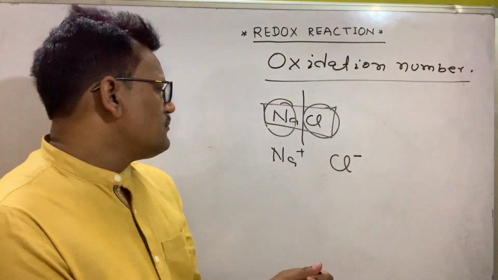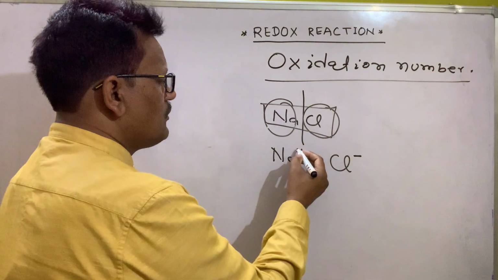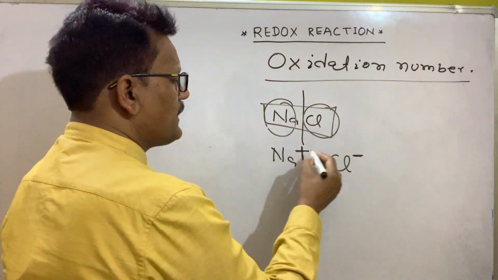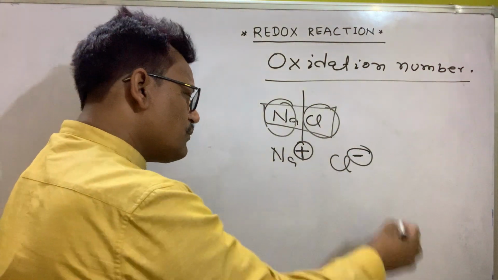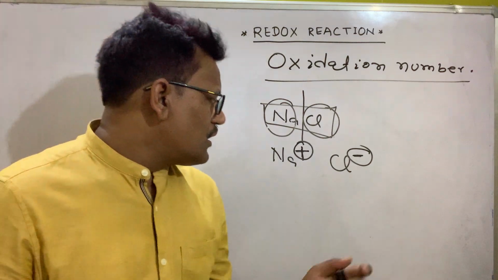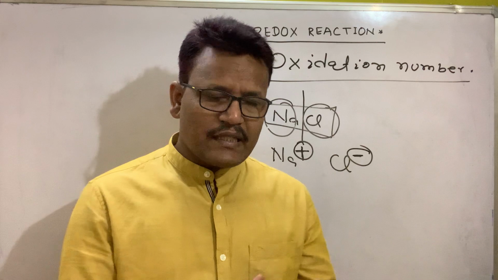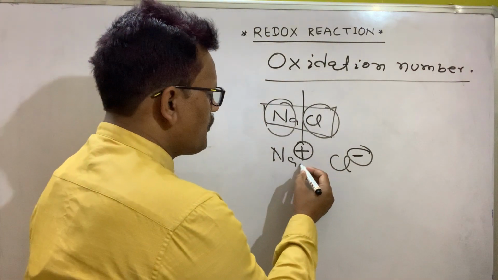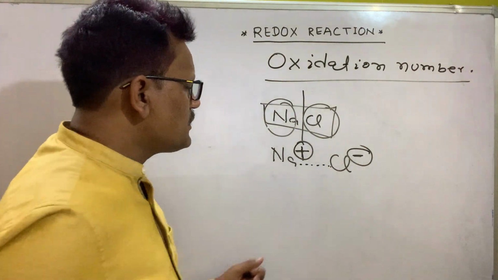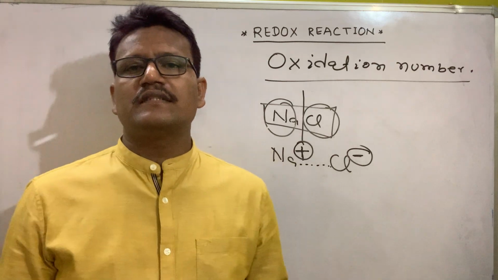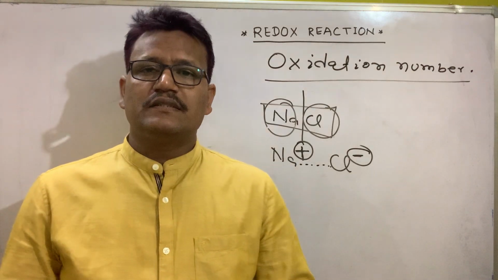And because we have complete positive and complete negative charge, and we know dissimilar charges attract each other, there would be a force of attraction between Na plus and Cl minus, and we have NaCl.